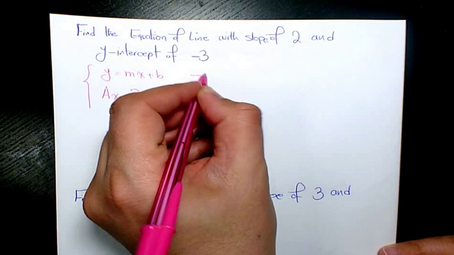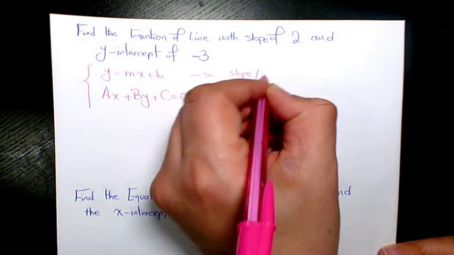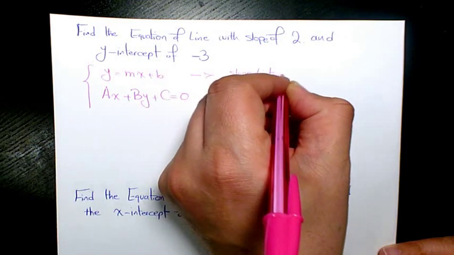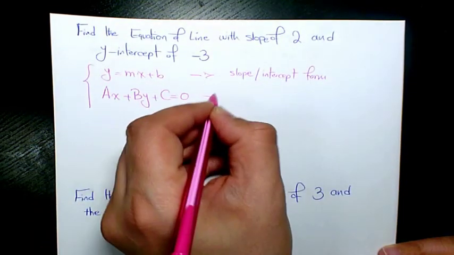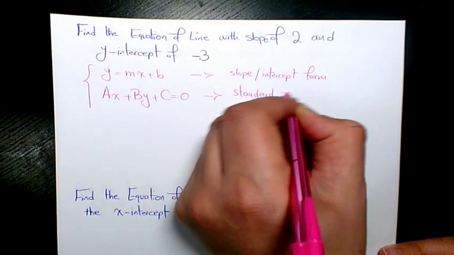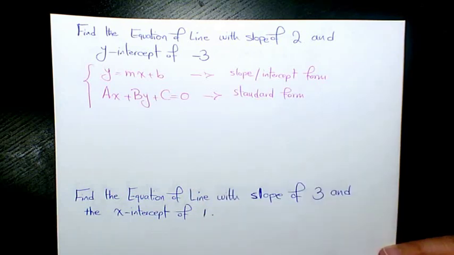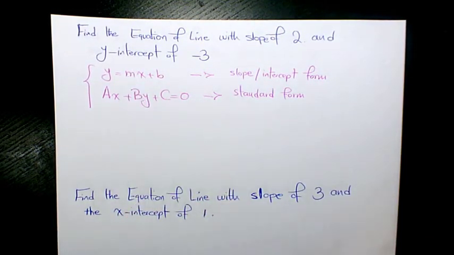The first one is called slope intercept form, and the second one is called standard form. We can always change the standard form to the slope intercept form. Slope intercept form is sometimes called sloped y-intercept form.